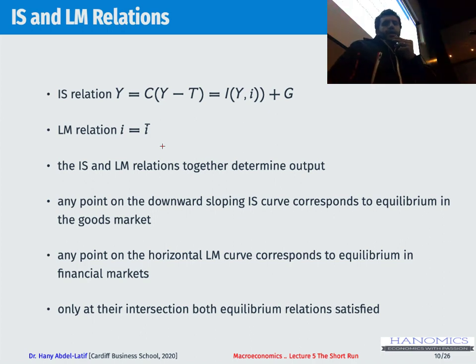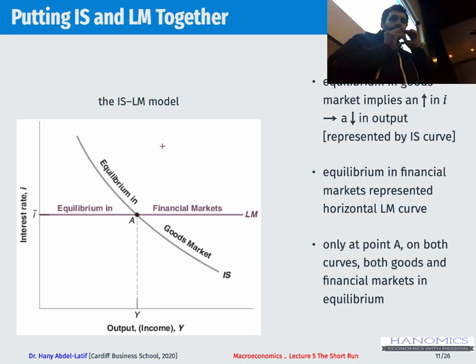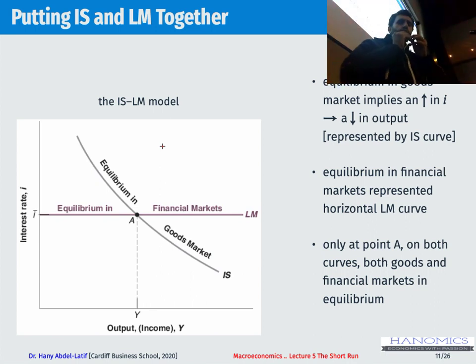So the interaction between both gives us equilibrium in both markets, the financial market and the goods market. Basically what we do here is bring both together: the IS, which we know is a downward sloping curve representing equilibrium in the goods market, and LM, which represents equilibrium in financial markets.